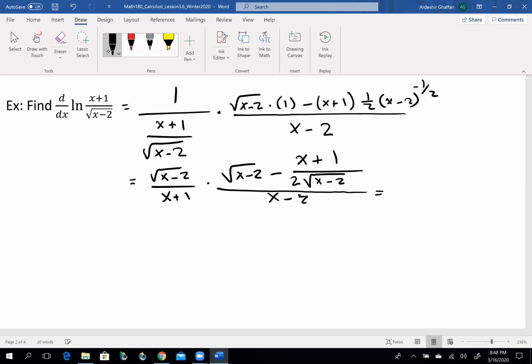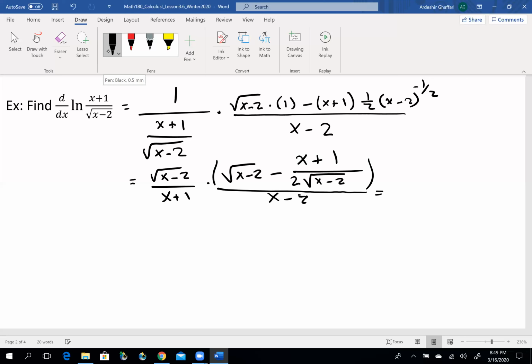So I want to kind of distribute this inside of the parentheses. In the numerator, I'm going to distribute the square root of x minus 2 inside of the numerator, and then x plus 1 times x minus 2. So, okay, let's do it separately.